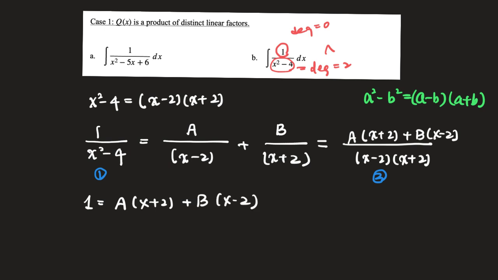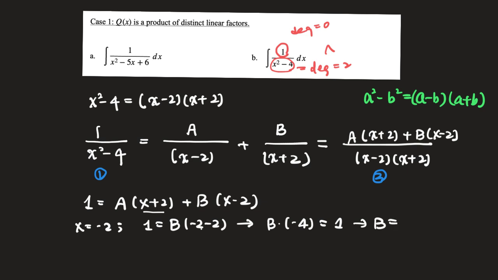I'm going to plug in x equals negative 2 first. When you plug in negative 2, 1 equals... this term is 0, and B times (negative 2 minus 2), which is negative 4B, equals 1. So B is 1 over negative 4, which is negative 1 over 4.